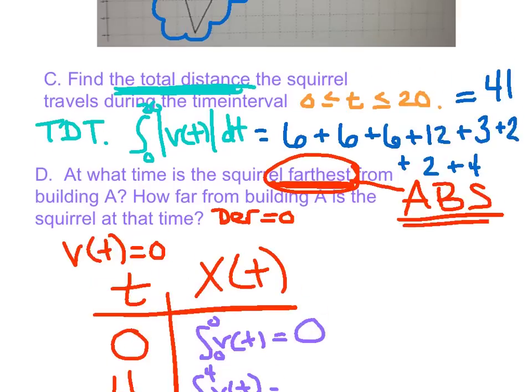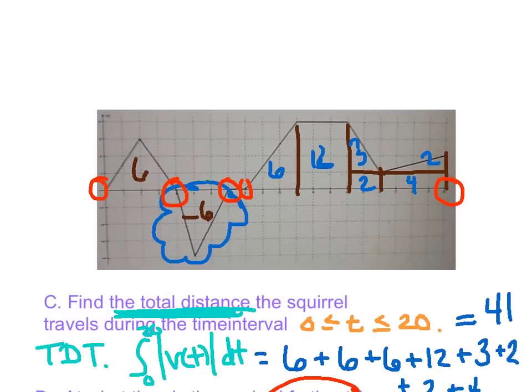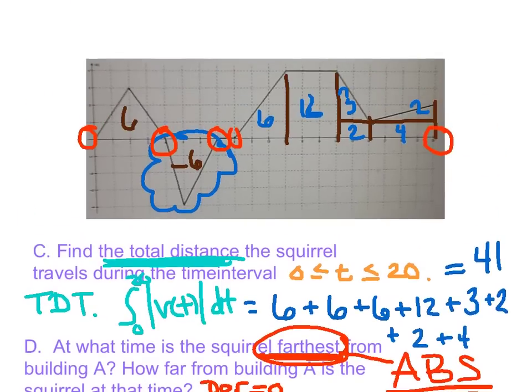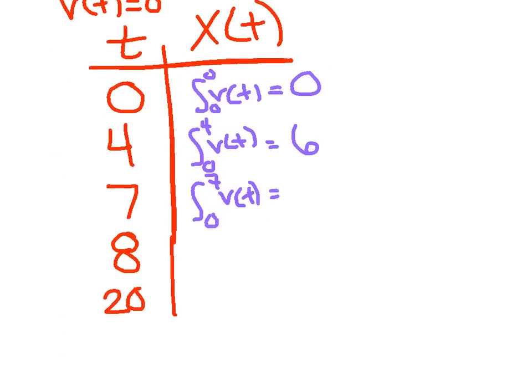So I'll just scroll back up, and the area from 0 to 4 we said was 6. I would do the same from 0 to 7 of velocity. So I'll scroll back up. If I look from 0 to 7, those areas should cancel each other out. So hopefully we're going with 0.